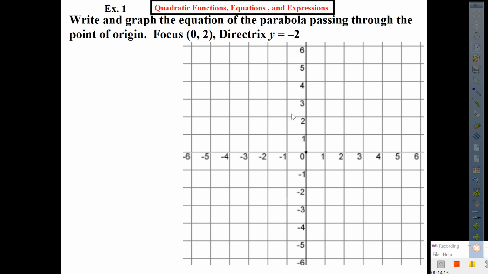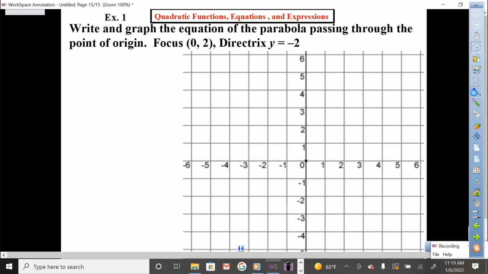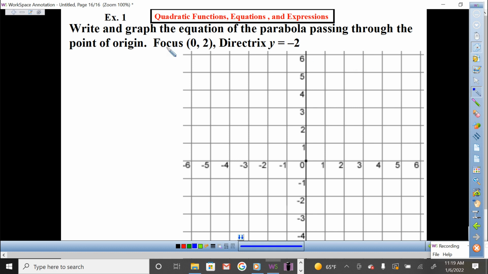Just to get our noodle ready, look up to the screen, don't copy this. Let's see how well you practiced last night. If I was to give you this one again, what is the first thing we look at? At the directrix. If we look at the directrix, now we know which equation to use.